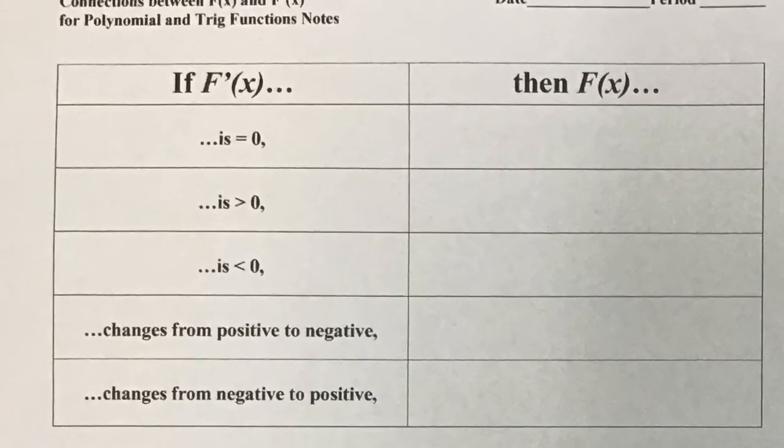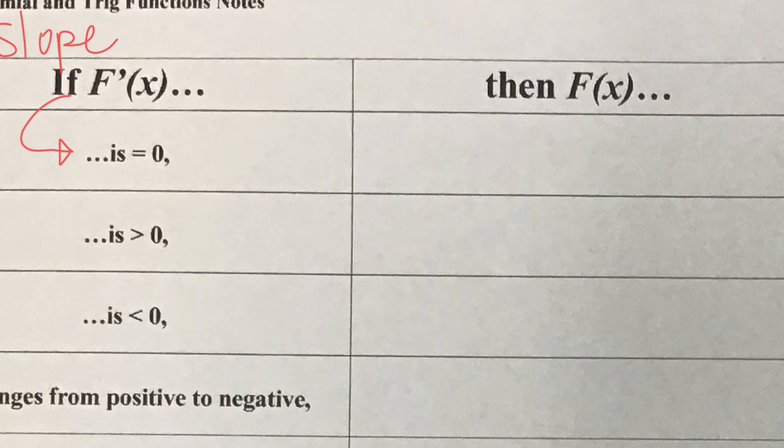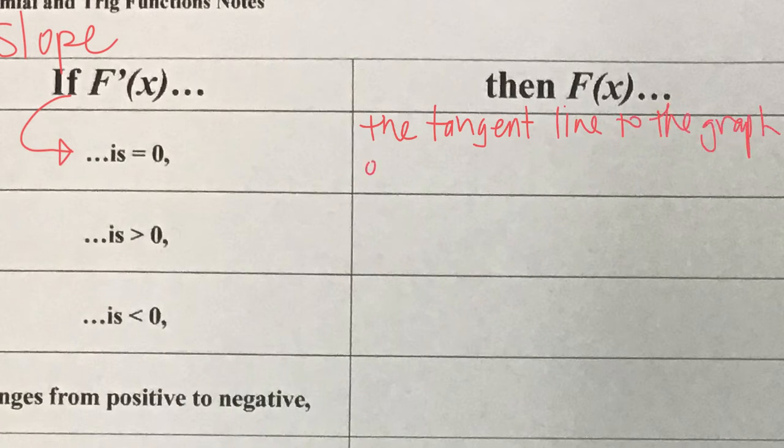If we know that the derivative means slope, so f prime means slope, and the slope of our derivative is 0, that means the tangent line, or the slope of the tangent line to the graph of f, is horizontal.